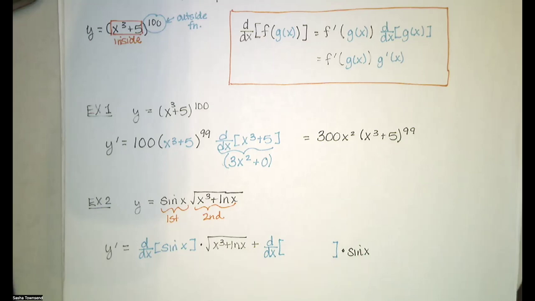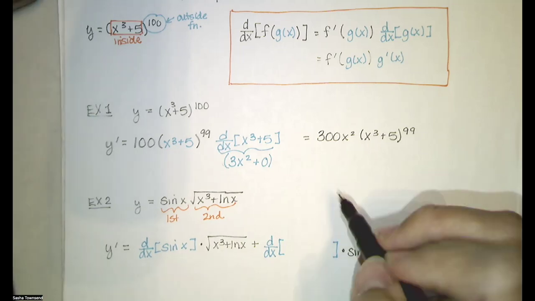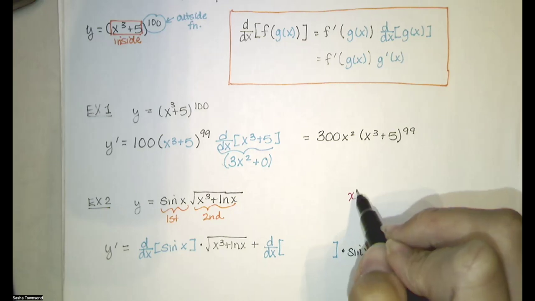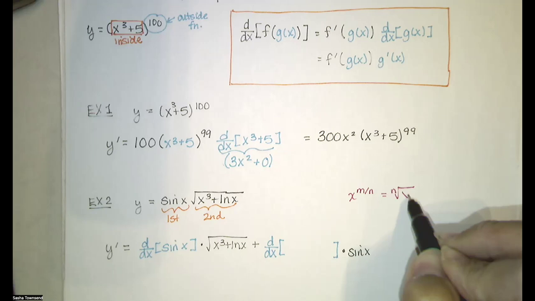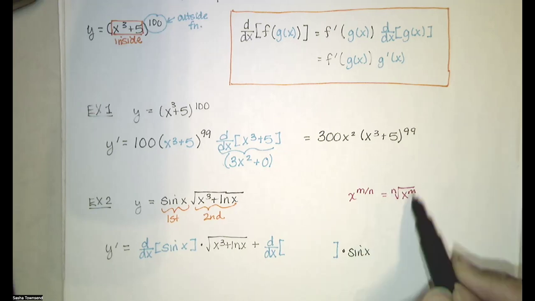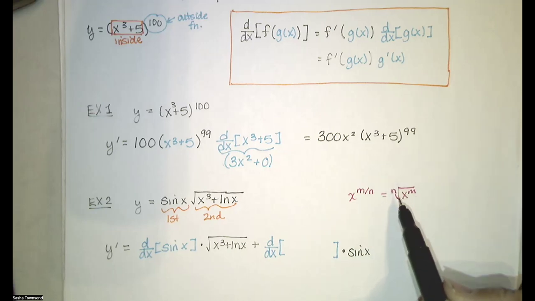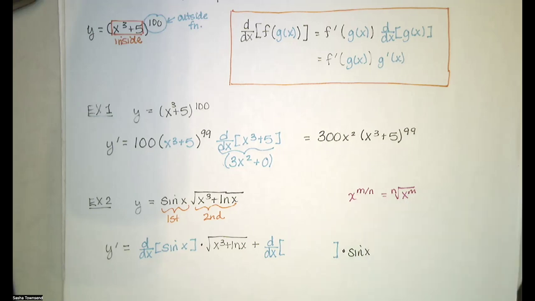Now, anytime we see a radical, we want to remember our rules for exponent properties and rational functions. So if you have x to the m over n, that's the nth root of x to the m. And of course, that goes both ways. If you have the nth root of x to the m, you can write it as a rational exponent.